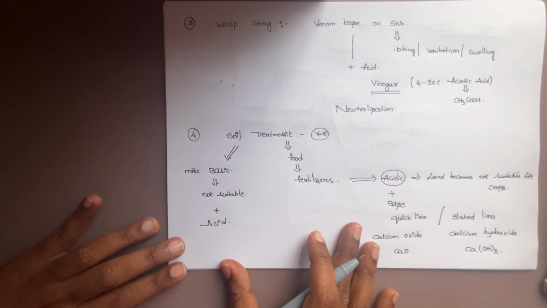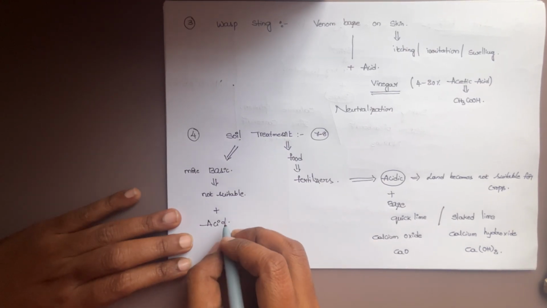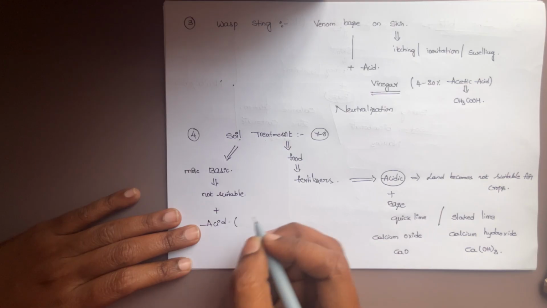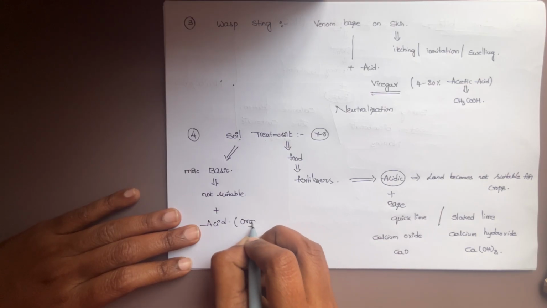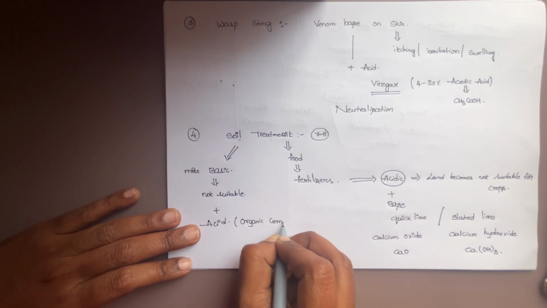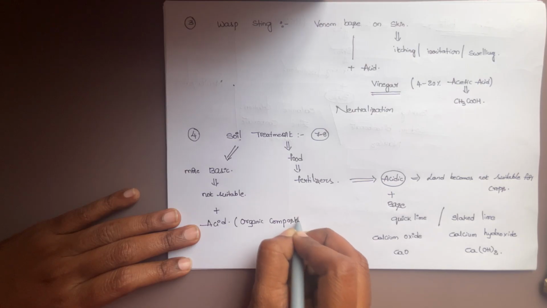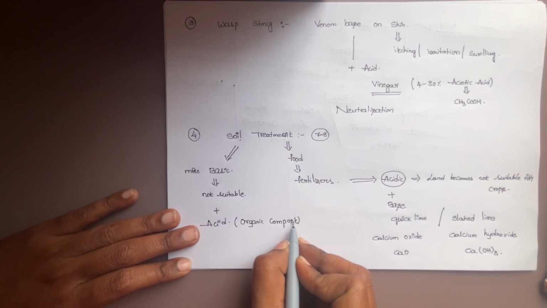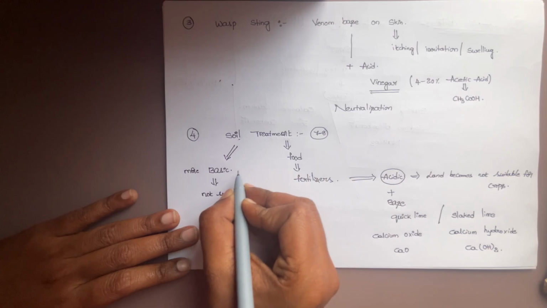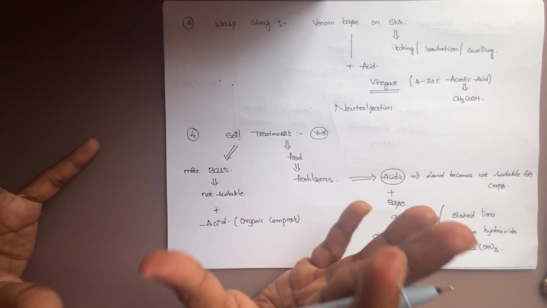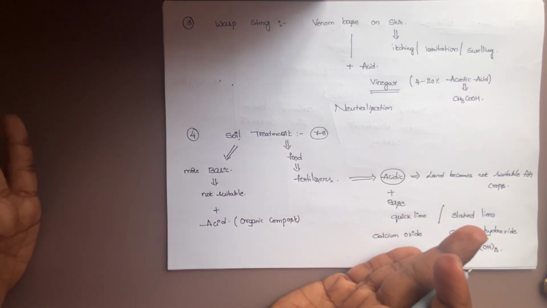Very important. Here, which acid are we using? The acid generally present in the environment, that is organic compost. Whenever we give organic compost, it nullifies the effect of the excess base, thereby it treats the soil nicely and will produce more food.